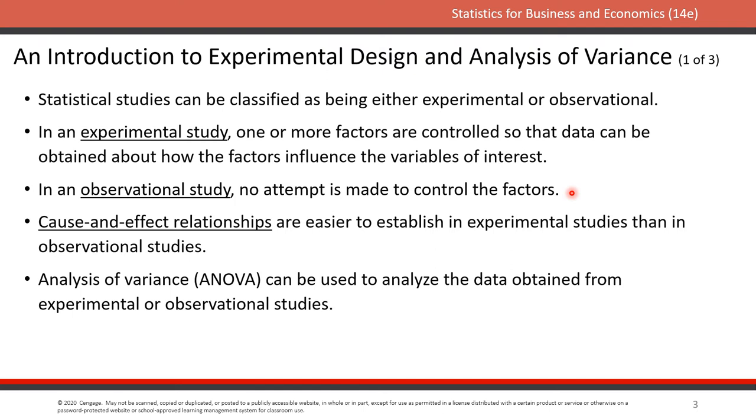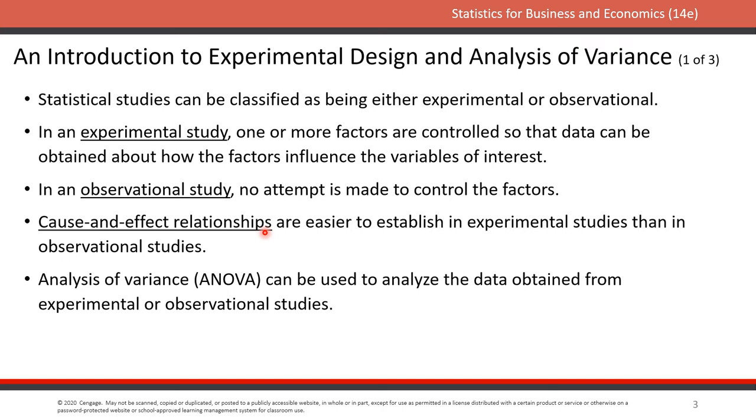And if you've ever heard the phrase necessary but not sufficient, that's what experimental studies are for cause and effect relationships. You'll see that it says this is easier to establish in experimental studies. The thing is, if you do an experimental study, that doesn't make the results causal necessarily. You can still mess up experimental studies. That is a necessary condition for establishing cause and effect relationships for many researchers in how they consider establishing cause and effect relationships.